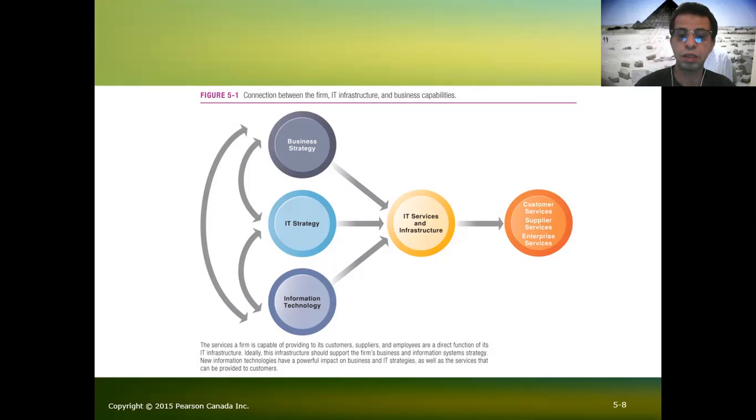The IT strategy is connected to information technology, and all these three should help in developing the IT services and the infrastructure, which eventually go to the customer service, supplier service, or enterprise service.